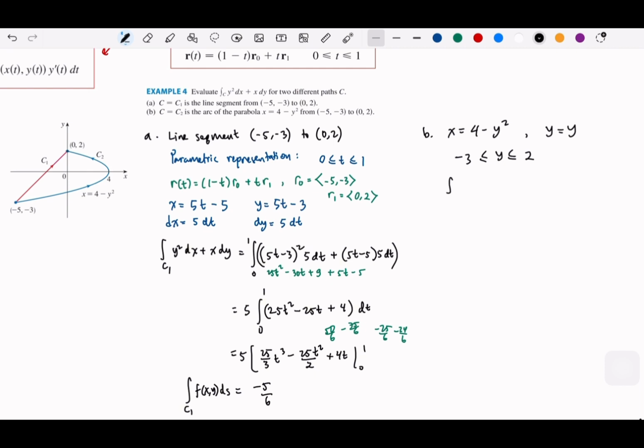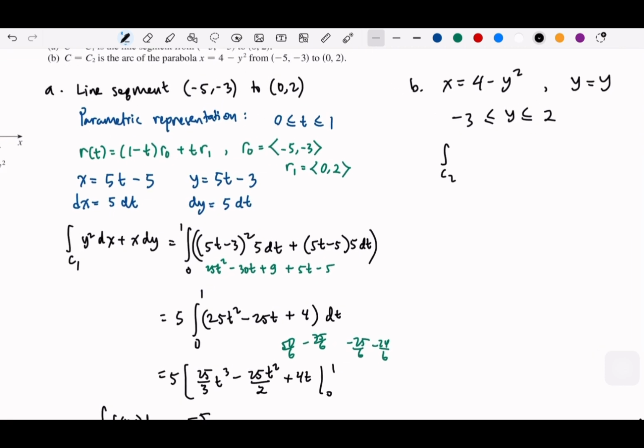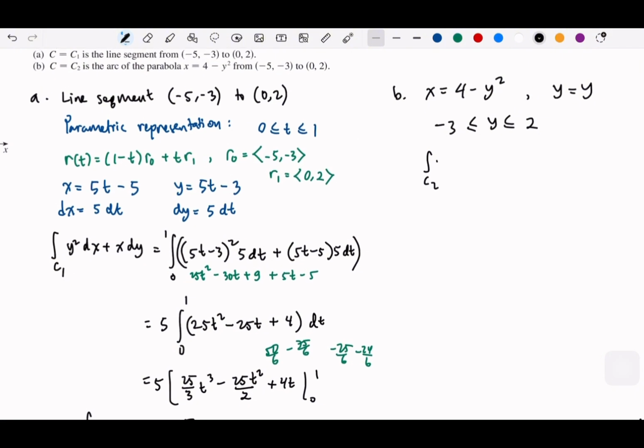So for the line integral, we are going to change everything, using dx equal to negative 2y dy.